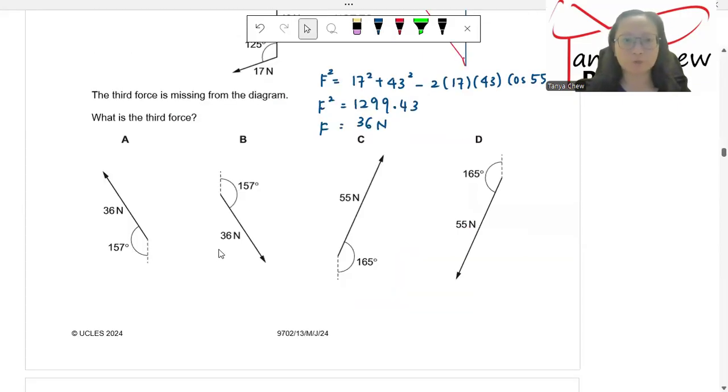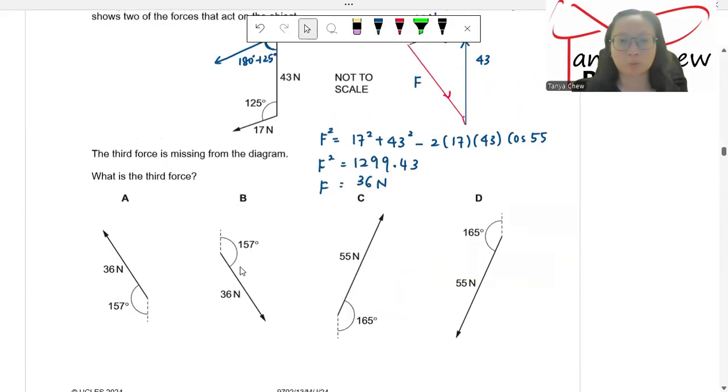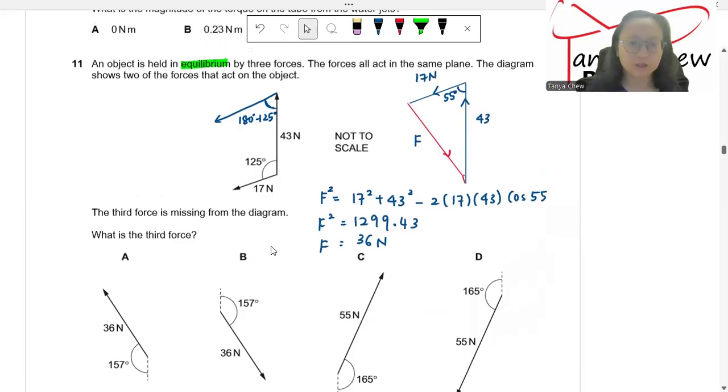The answer is quite obvious, which is B, but I'm going to prove that the angle is 157 degrees. How do I do that? First, it is not easy, seriously. I'm finding this angle theta first, because I don't know whether the value of F is correct. That is why I want to use the sine rule.